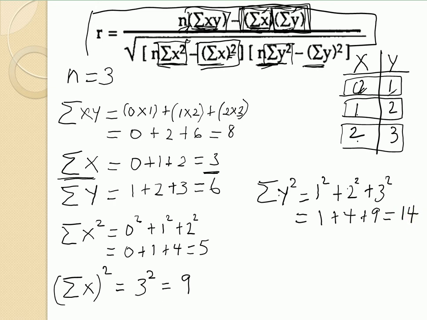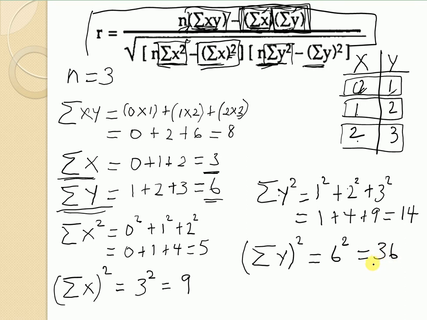And to find the sum of y all squared, we already have what the sum of y is. So we just square that value. Sum of y all squared equals 6 squared equals 36.